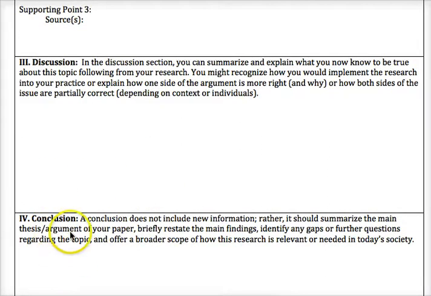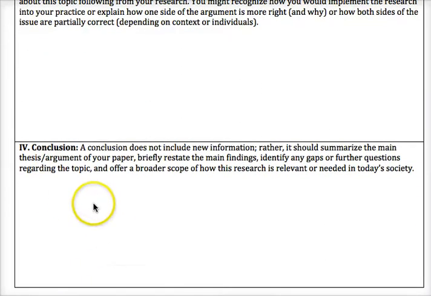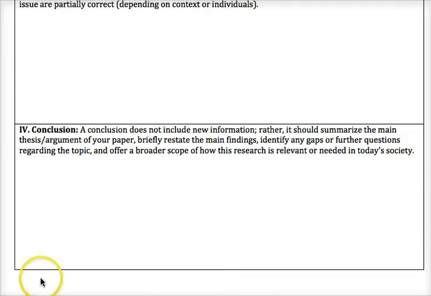And then your conclusion, which basically just restates your main points, your thesis, and offers maybe a little bit broader reflection on how this research that you've done is relevant or needed in today's society. And then you'll have a reference section as well.